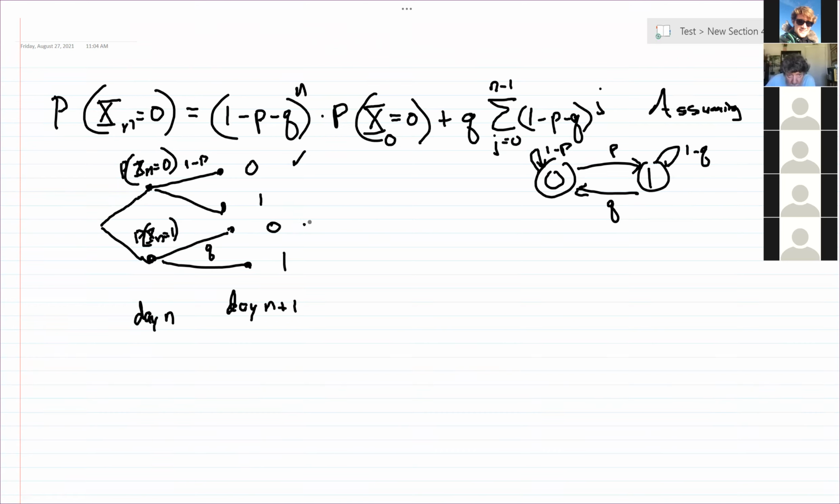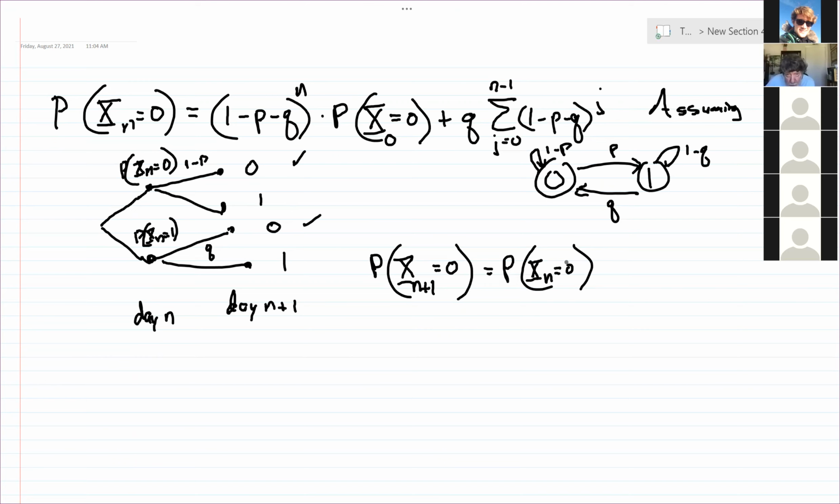So what I need to do is figure out the probability of ending up being broken at day n plus 1, assuming I know the probability that I'm broken at day n or that I'm working at day n. So what I'm suggesting from this little tree is the probability at day n plus 1 that we're actually broken would be the probability that at day n you were broken and you're still broken the next day.